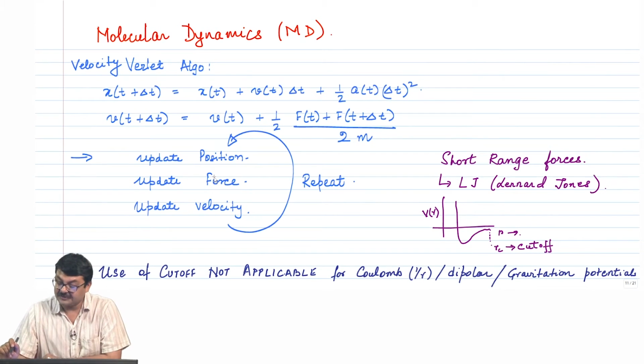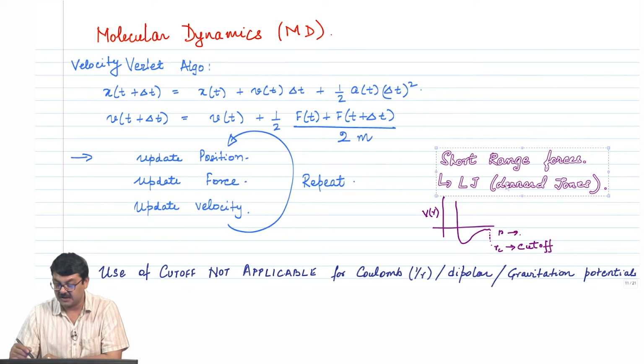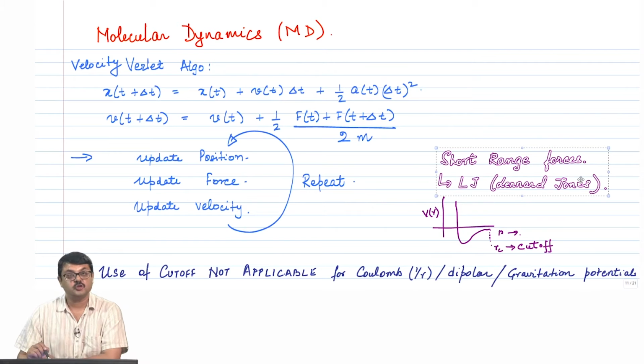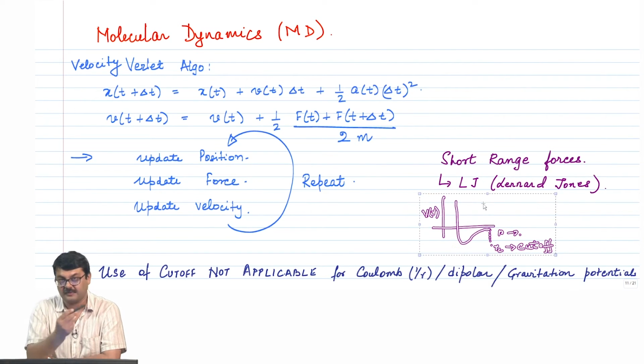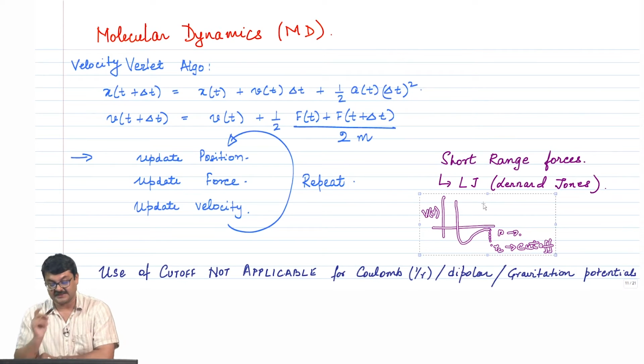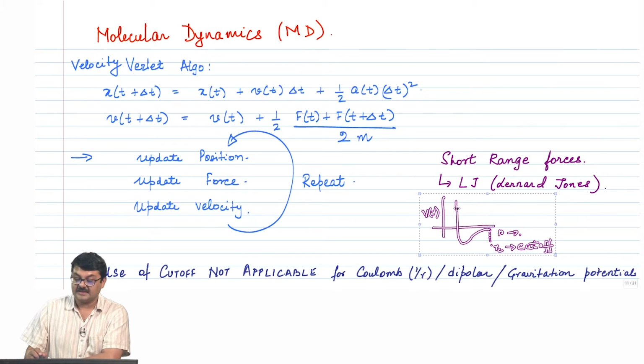For the example that we chose, we were discussing short range forces, in particular the Lennard-Jones force. The Lennard-Jones potential is schematically drawn here. This is just a quick 5-minute recap of what we discussed last time.